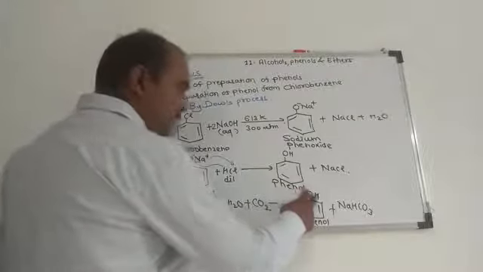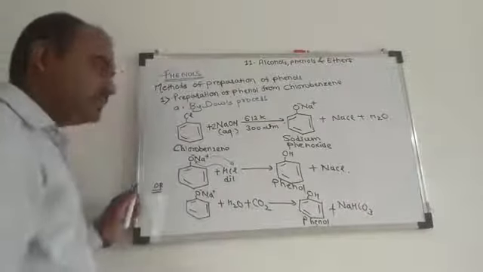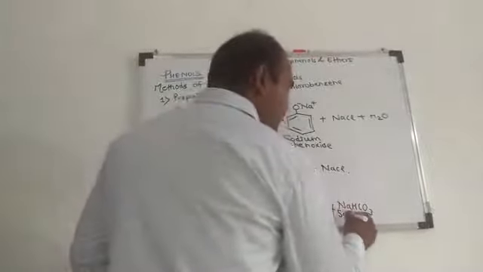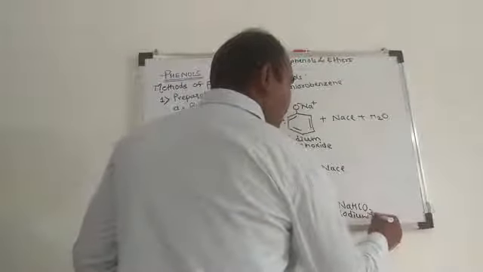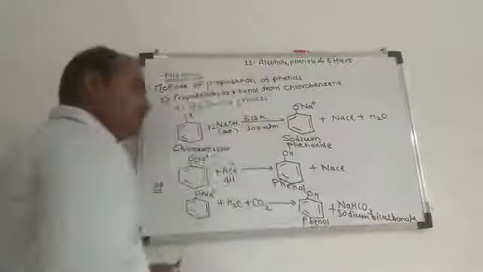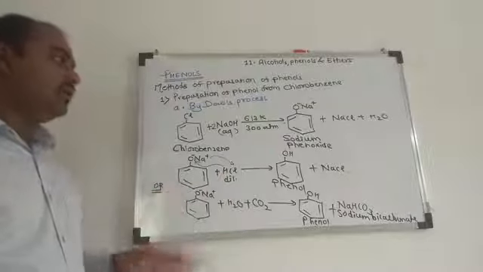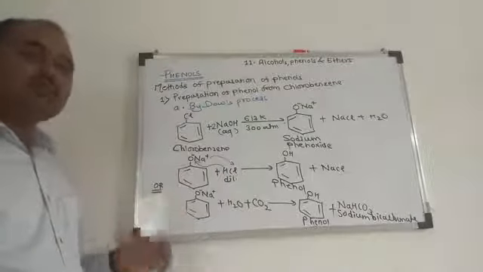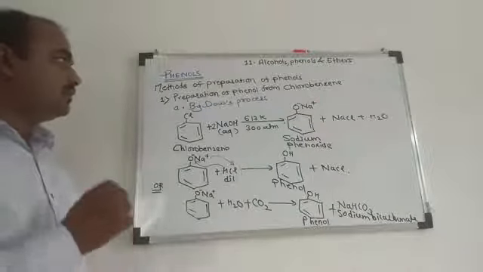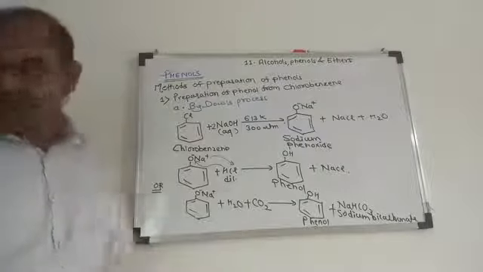One hydrogen is in the phenolic group and another hydrogen is part of sodium bicarbonate. So this is sodium bicarbonate. This is the alternative method for the hydrolysis. So this is the first method in chlorobenzene, that is the Dow process.